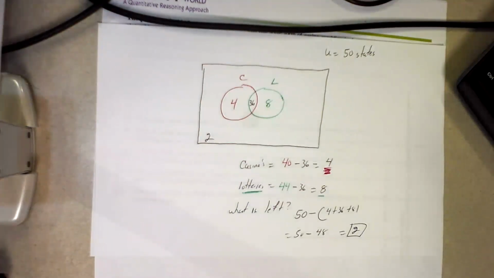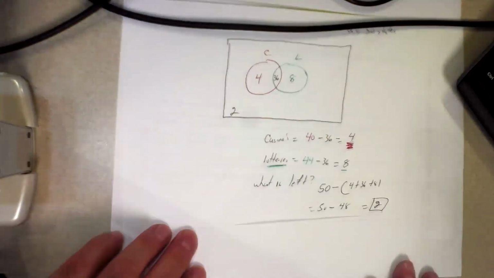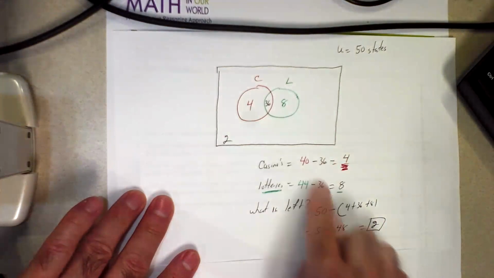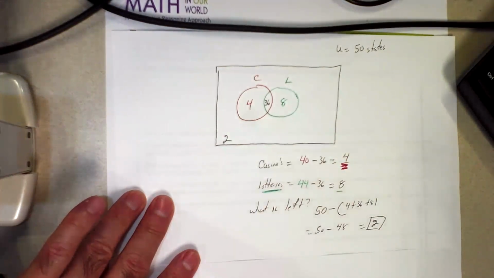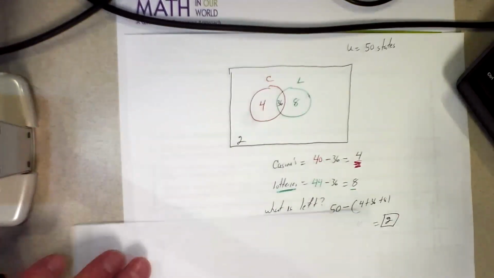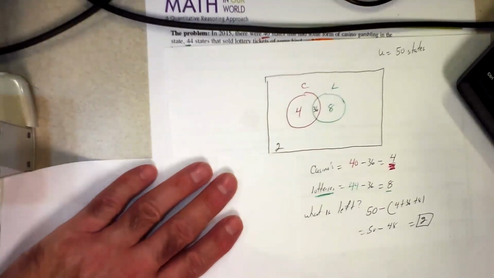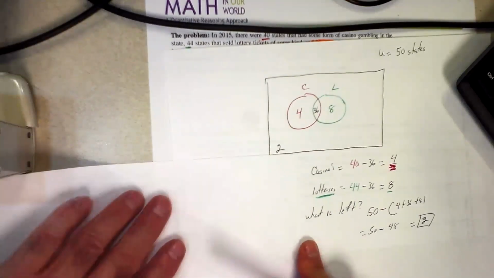All right, there's my picture. There's the work that I did to get to that. Now I can answer some questions. Here are the questions we can ask and answer.